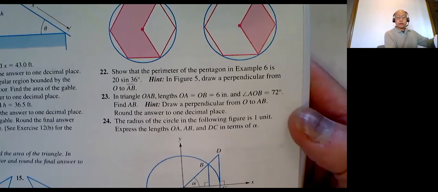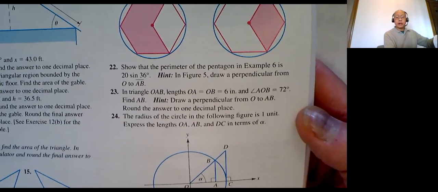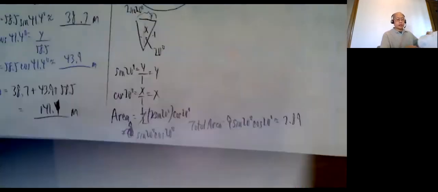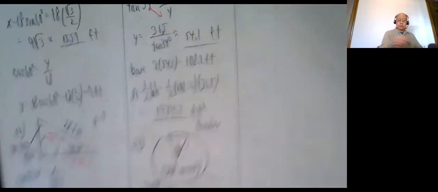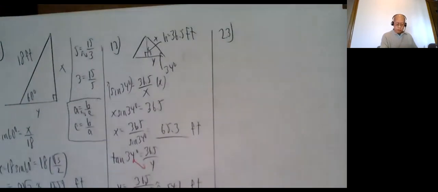Okay, let's try 23. In triangle OAB, OA equals OB is 6 inches, and they give you some other stuff. Find AB. Okay, so how do you do that? Okay, 23.